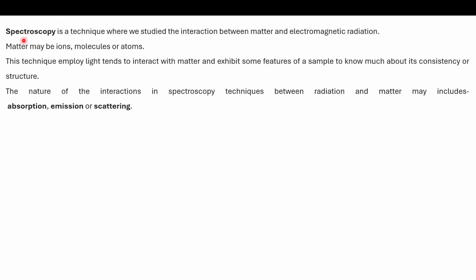And finally, we have spectroscopy, which is a technique where we study the interaction between matter and electromagnetic radiation. Whenever matter is exposed to electromagnetic radiation, there is a spectrum of different kinds of waves at different wavelengths.